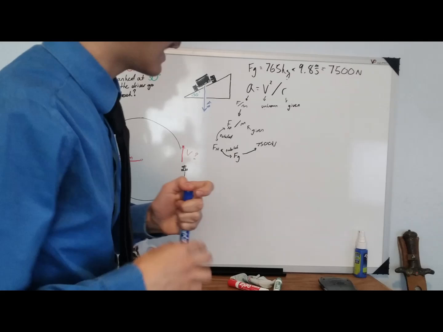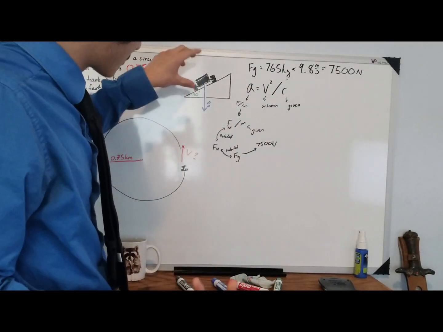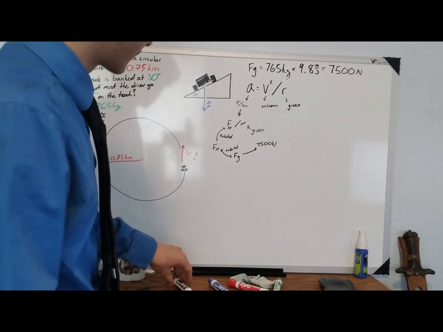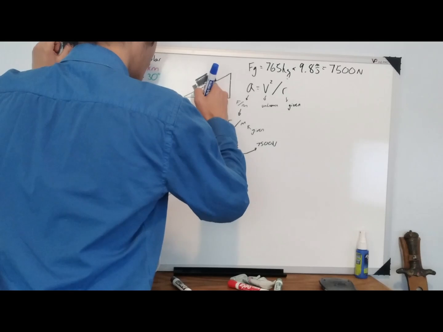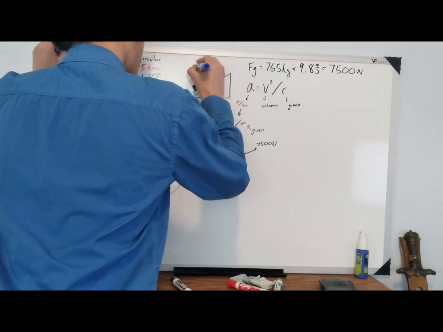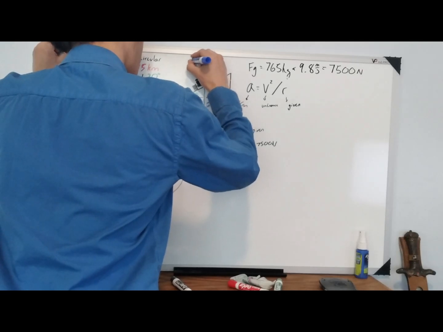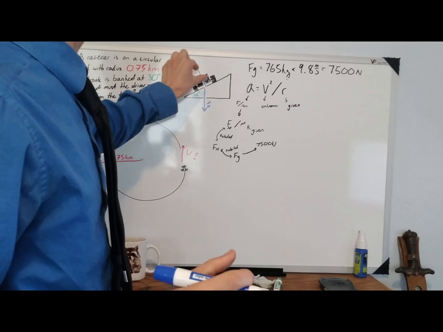The force of gravity is pushing down on the car, but why doesn't the car just fall through the floor? Well, that's because the floor is also pushing back up on the car. We know that the car is going to remain level on the floor.